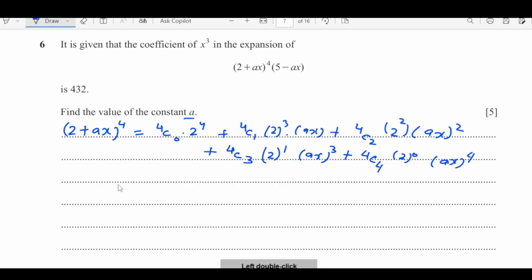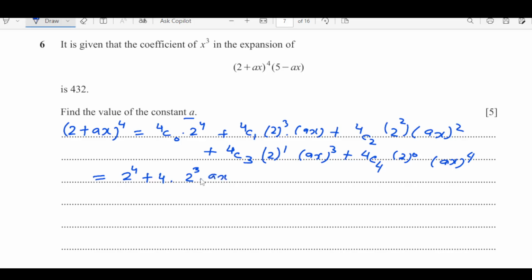So, now let us expand that. 4C0 is 1, so 2 power 4, plus 4C1 is 4 and then 2 power 3, then we have ax.